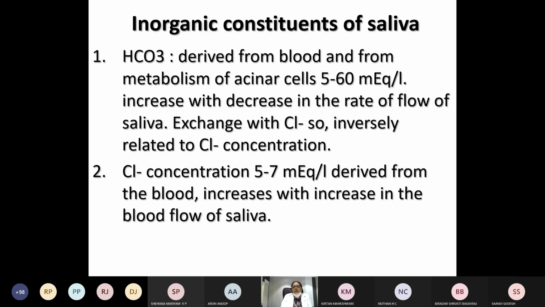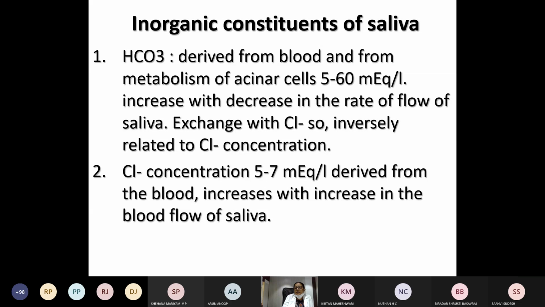So we come to the inorganic constituents of saliva. HCO3 is derived from blood and from metabolism of acinar cells. It is 5 to 60 milliequivalents per liter.